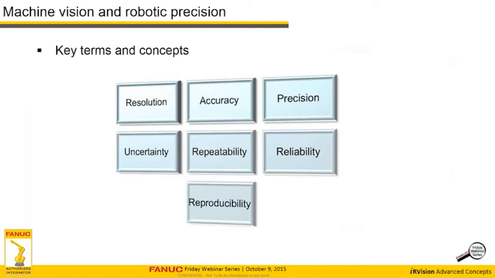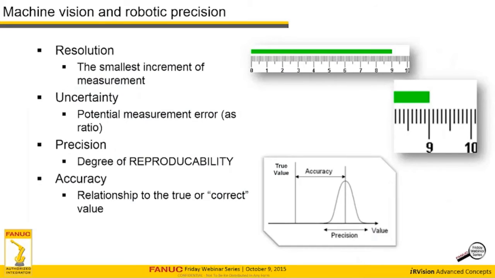Let's go forward with some of those terms, just again as a very quick review. In quality and in metrology and in even guidance location, we have a variety of terms that we use and sometimes use them incorrectly. Here's a list of some of the common terms, but let's look at 4 of those that impact us as we think about robotic precision and machine vision.